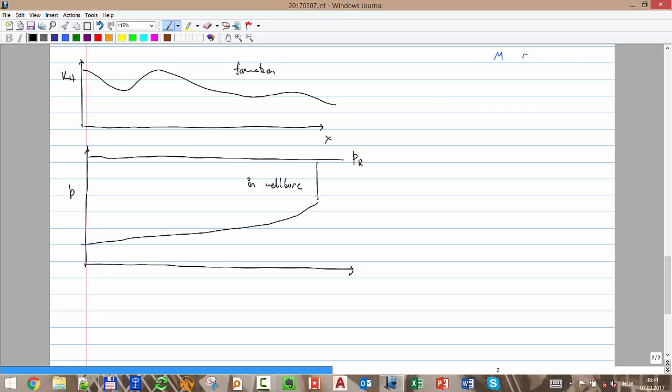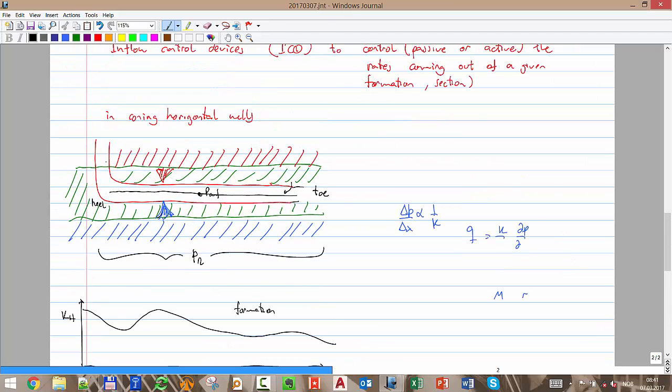So initially, the drawdown, that's what we call the drawdown, right? Is going to be very small, so the rate here should be very small. But when you reach all the way to the end, the drawdown becomes very big. That means that you will have a higher rate. That means that you will also increase the risk of coning in that region, exactly at the heel.